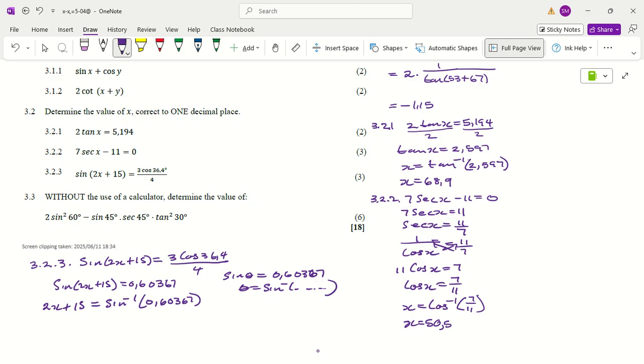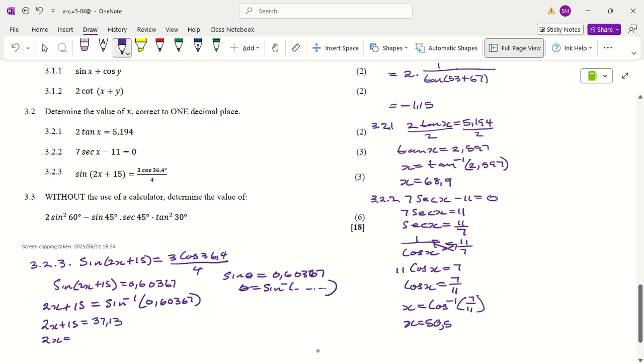So this is equal to 2x plus 15 is equal to 37 comma 13. Then I'm going to take 15 to the other side.